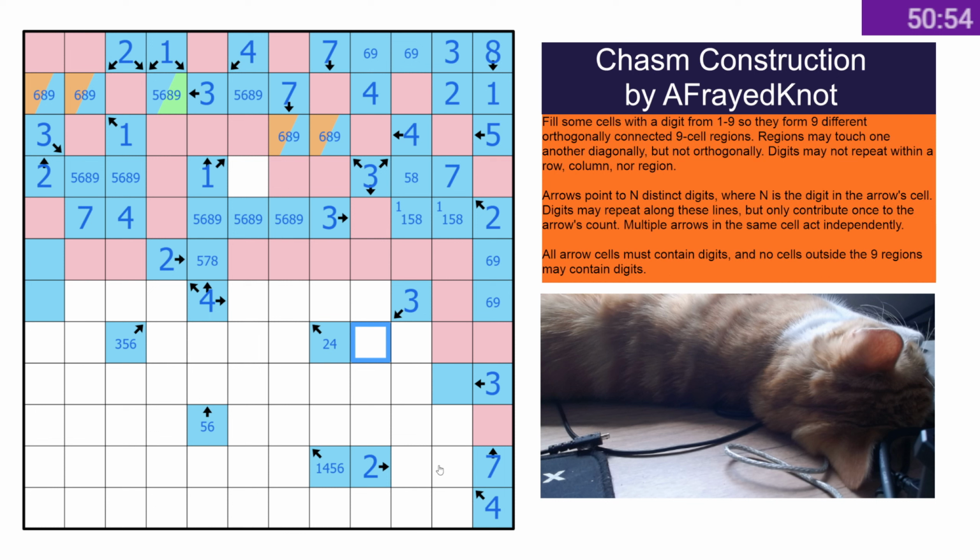Sorry, my mind just went completely blank. Right, let's think about these region stuff. And if either of these two top cells are pink, then you could be like that.